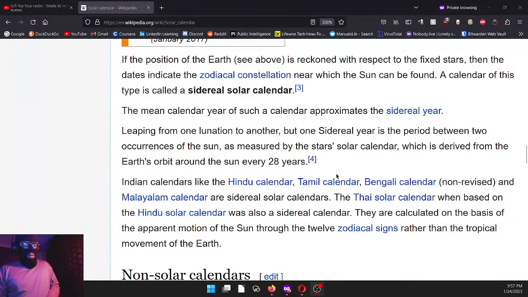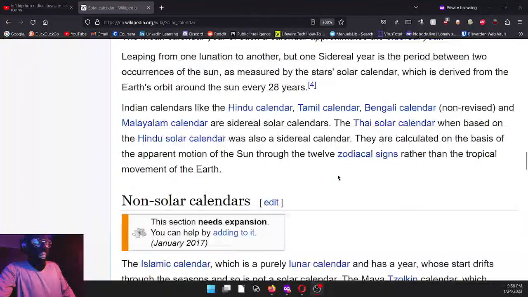Indian calendars like the Hindu calendar, Tamil calendar, Bengali calendar (not revised), and Malayalam calendar are sidereal solar calendars. The Thai solar calendar, when based on the Hindu solar calendar, was also a sidereal calendar. They are calculated on the basis of the apparent motion of the sun through the 12 zodiacal signs rather than the tropical movement of the Earth.